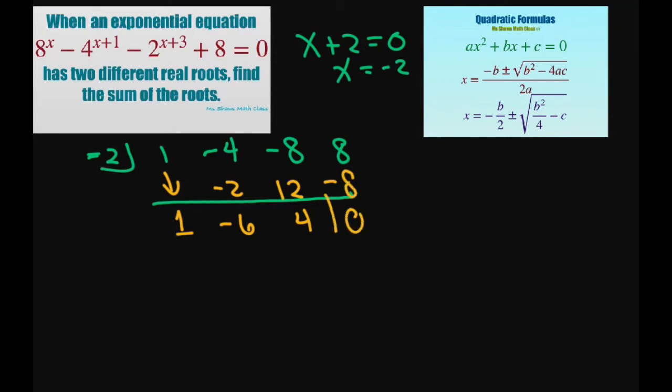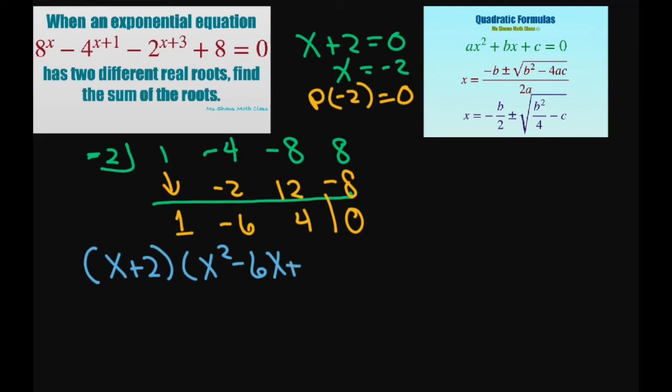You add, you get 0. We already knew we'd get 0 because we already set p of negative 2 to 0. All right, so now we've got our polynomial factored as big X plus 2 times X squared minus 6X plus 4 equals 0.